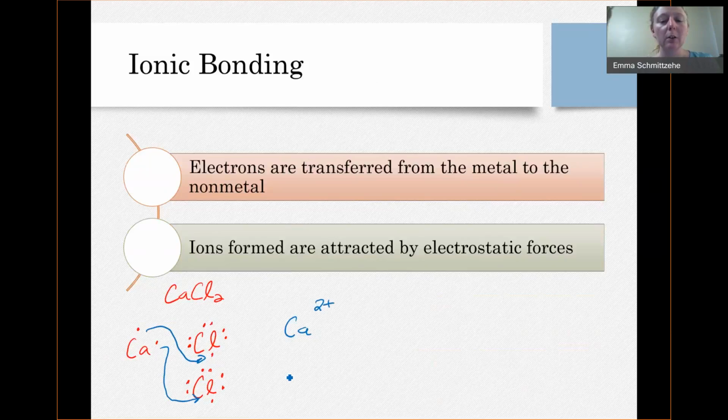And then you have 2 chlorine atoms, which now each have 8 electrons on them, and each has a negative charge. And we would have a symbol for each one of those.